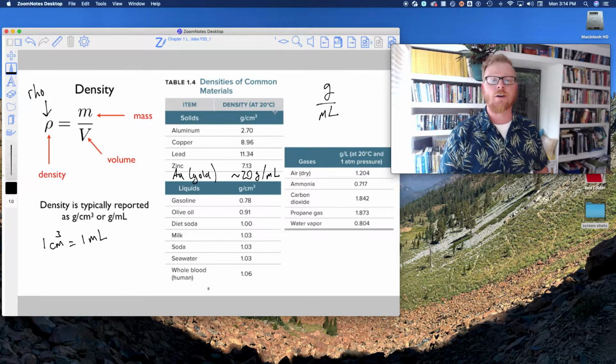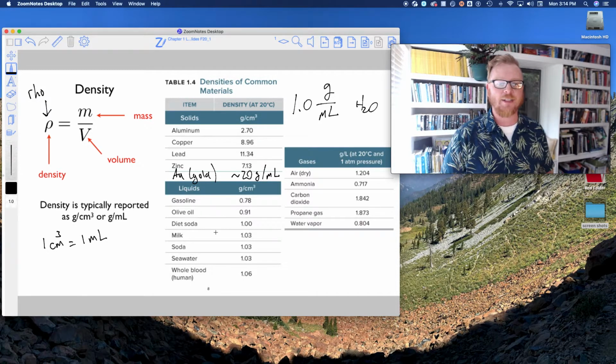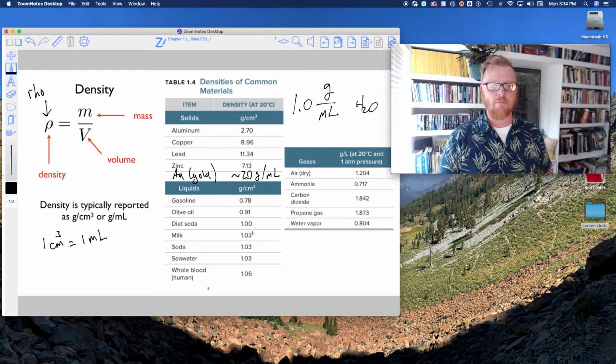So water, this is a good thing to know, 1.0 grams per milliliter for H2O. And as you can see here, diet soda, milk, soda, seawater, whole blood, all of those things are mostly water.